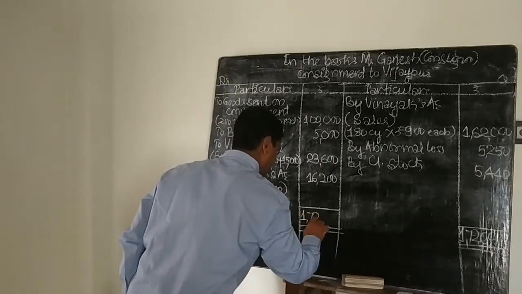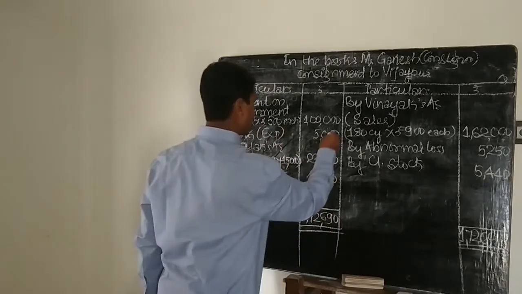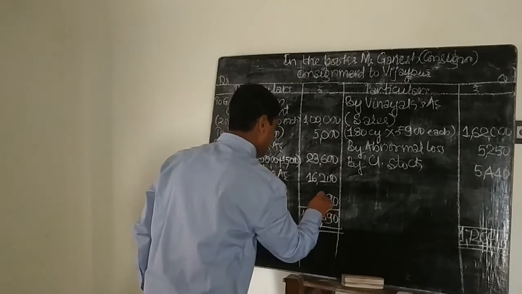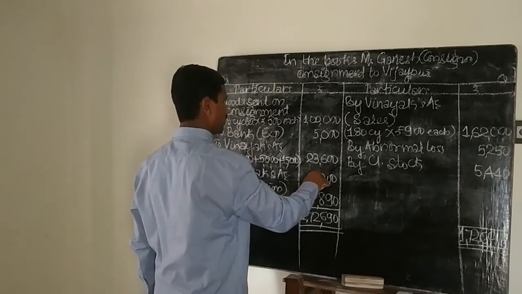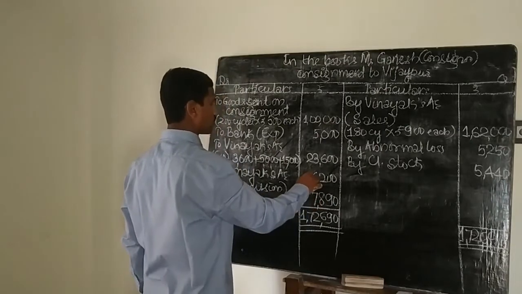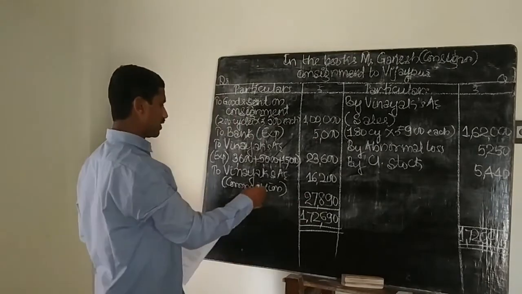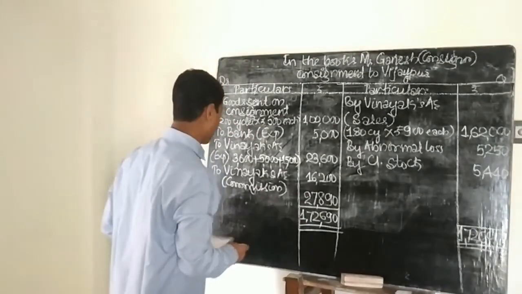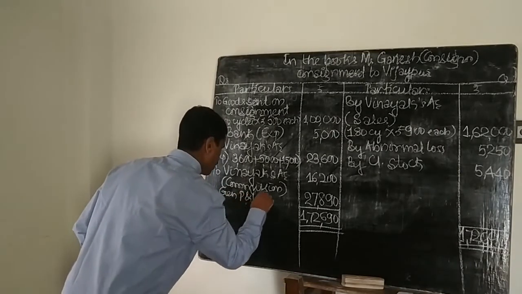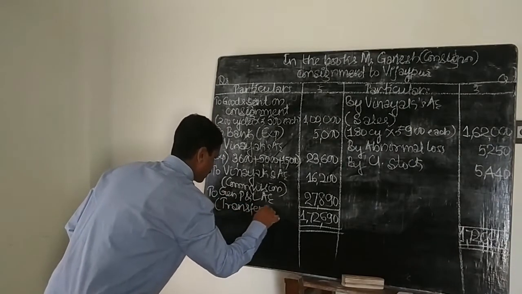So now let's find out the difference here. 6 plus 2, 8, 8 plus 8, 16, carry 1, 7 plus 3, 10, 10 plus 5, 15, 15 plus 7, 22, 2 plus 1, 3, 3 plus 2, 5, 5 plus 2, 7. So 27,890 rupees is the profit on consignment. So this is transferred to general P&L account. In the bracket, transfer of profit.